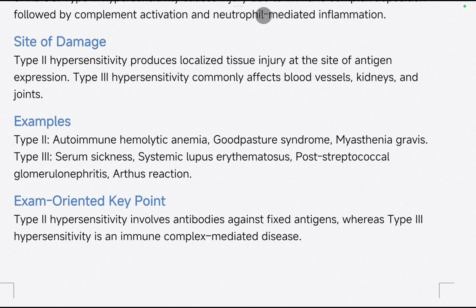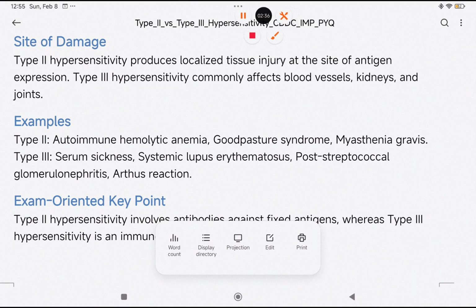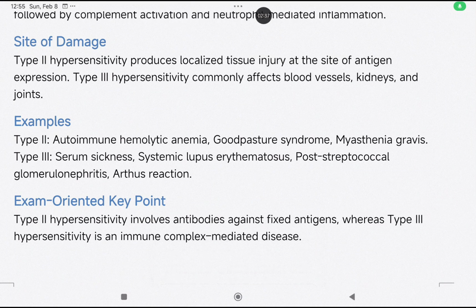Examples of type 3 are serum sickness, systemic lupus erythematosus, post-streptococcal glomerulonephritis, and Arthus reaction. We have done these examples individually in the chapter, so we will not spend too much time. What is the exam point you have to remember?